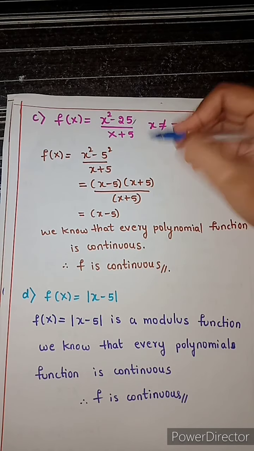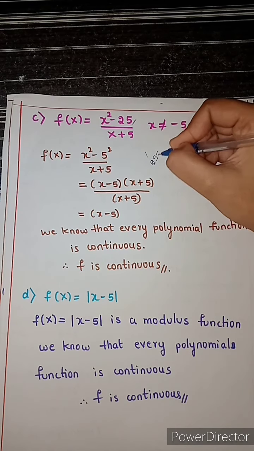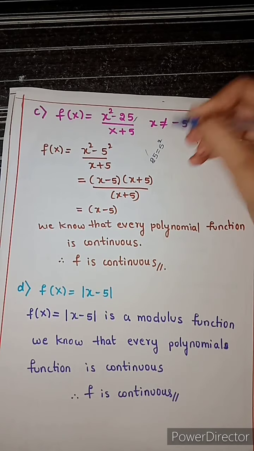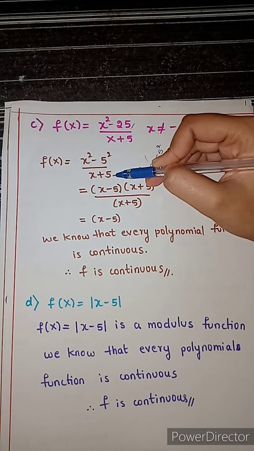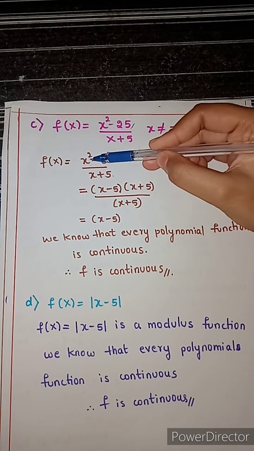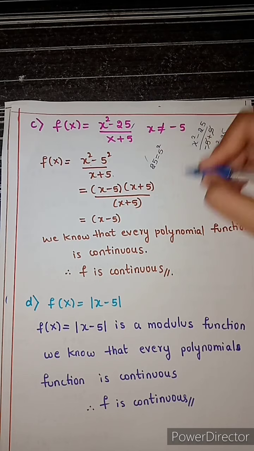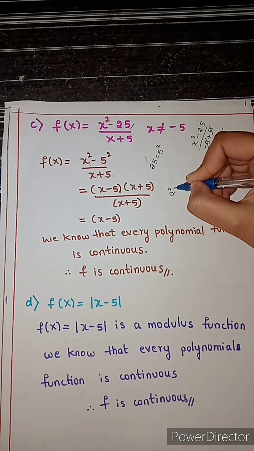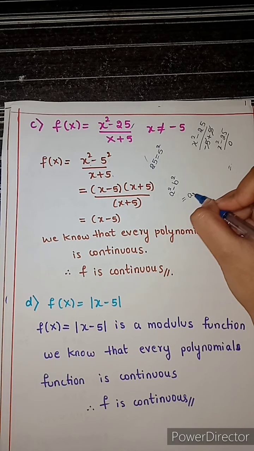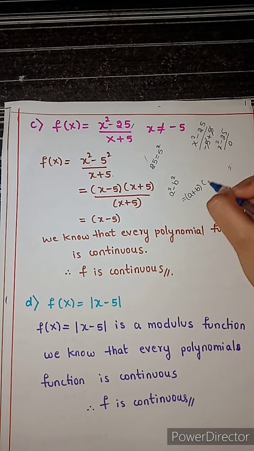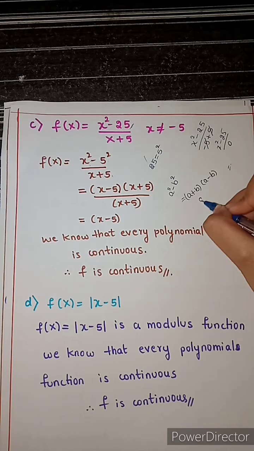See, we can write 25 as 5 square, right? So x square minus 5 square over x plus 5. Here, x square minus 5 square is in the form of a square minus b square, right? a square minus b square is a plus b into a minus b.